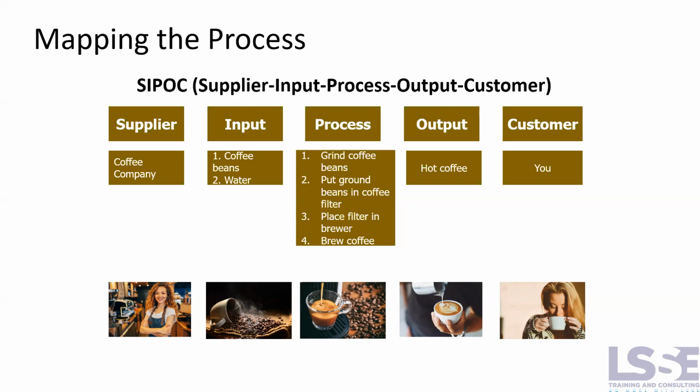So SIPOC is very, very simple. You just identify what the process is, what the output is, what the input is, who supplies that input, and who receives that output. Although this is a very simple tool, it's quite useful because it helps you align your process to your end customer.